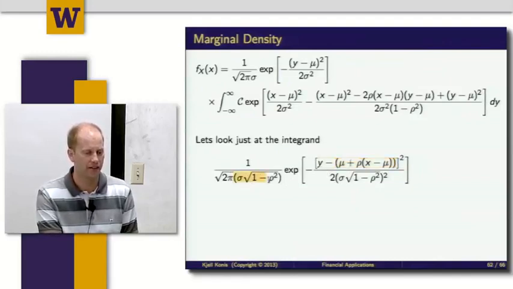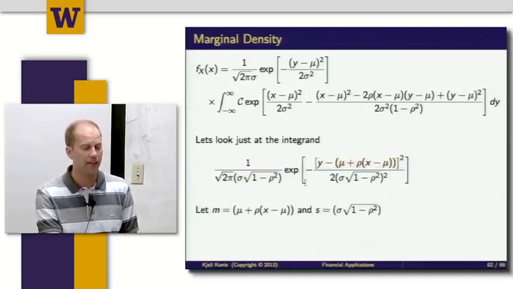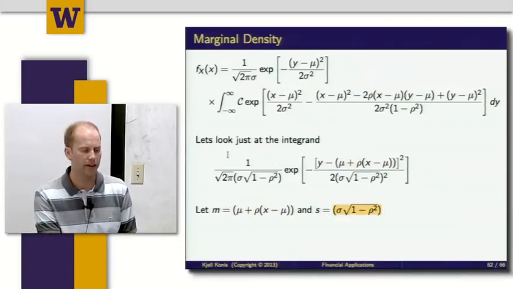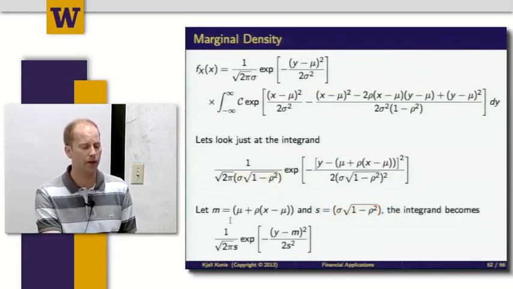So this term down here is the standard deviation, and this term here is the mean. And so if I let m equal this guy here, which is that, and I let s equal sigma times the square root of 1 minus rho squared, which is that, then when I plug those in, I end up with 1 over the square root of 2 pi times s, e to the minus y minus m squared over 2s squared.